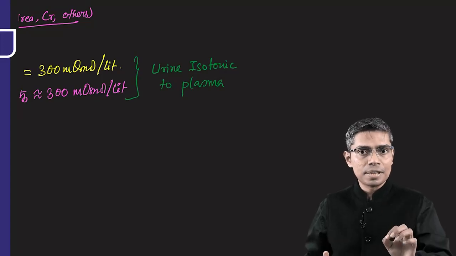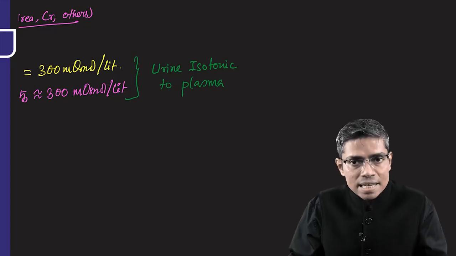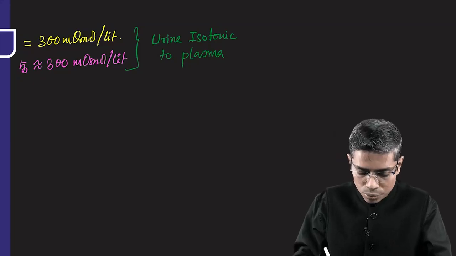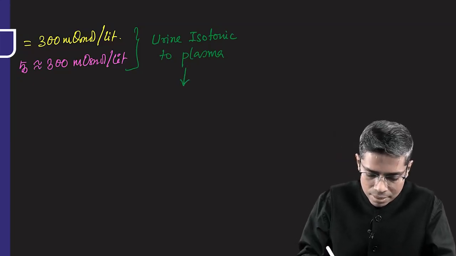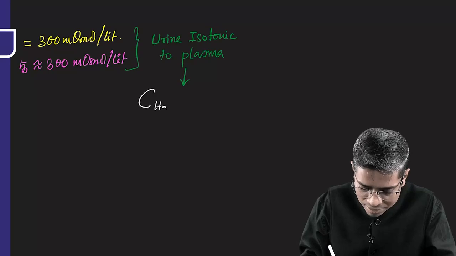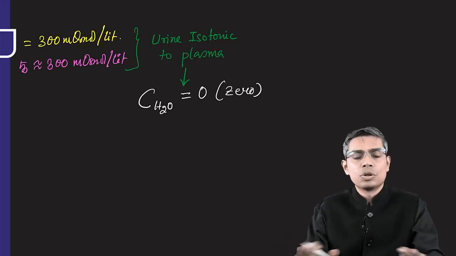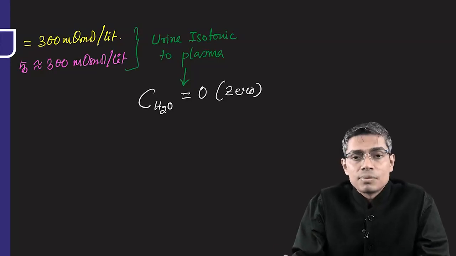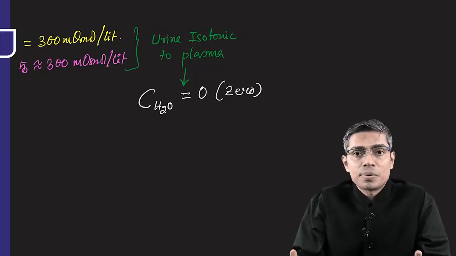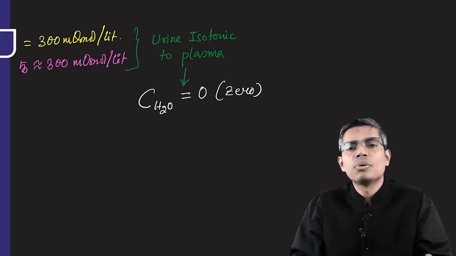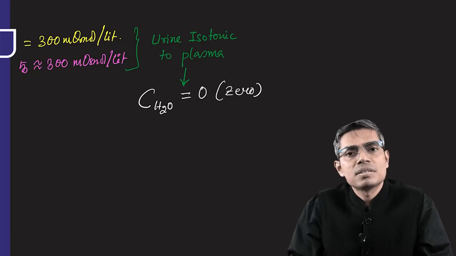So the urine is not excreting any free water. In these cases, the free water clearance, that is CH2O, is 0. Getting my point? No extra water, no free water in the urine for the excretion of the waste product from the body. Urine is isotonic to plasma, that's why no extra water, so free water clearance is 0.